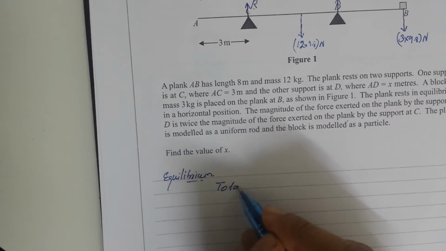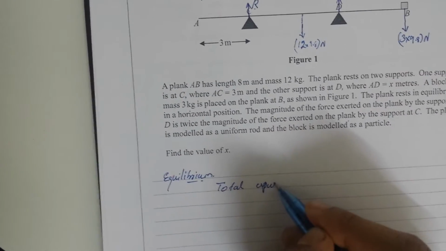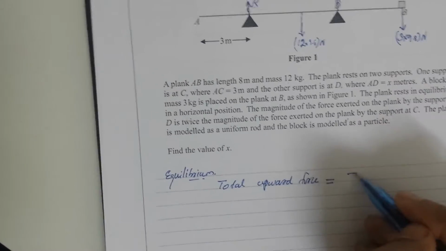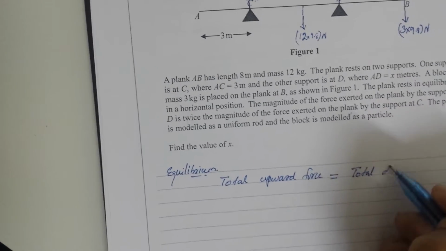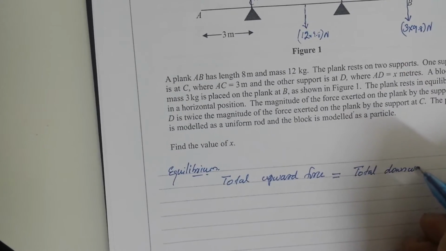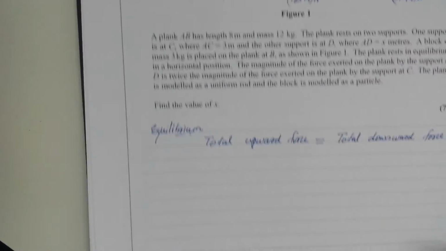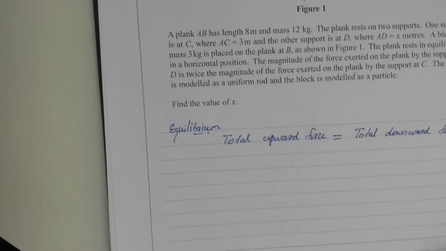I am using the concept as it is in equilibrium. We can say total upward force acting on the plank is equal to total downward force. This statement is not compulsory to write in the exam. This is to teach.